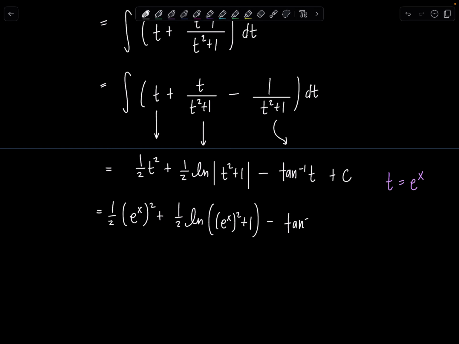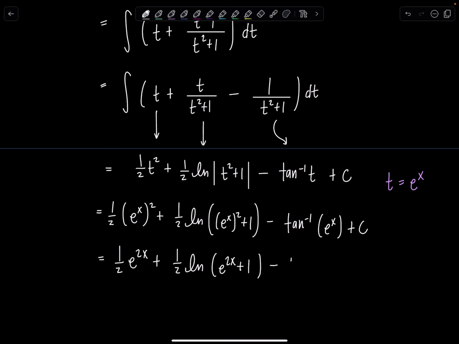Minus tan inverse of e to the x plus c. And then the only thing I would do from here is just rewrite e to the x squared as e to the 2x. So we have 1/2 e to the 2x plus 1/2 natural log of e to the 2x plus 1 minus tan inverse of e to the x plus c.